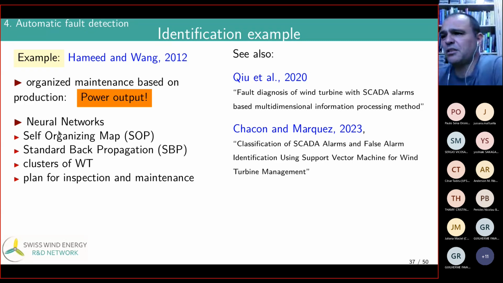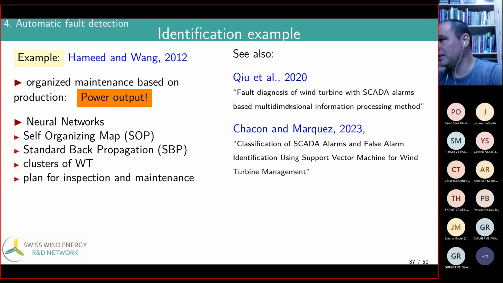They use neural networks, and with some of the methods they could build clusters of wind turbines, and from that they said they could make a better plan for inspection and maintenance. Instead of sending a team turbine by turbine, they just go to those that are worst in production. And more than that, they could see on the map that they were together. So that's very preliminary work, using only one output.